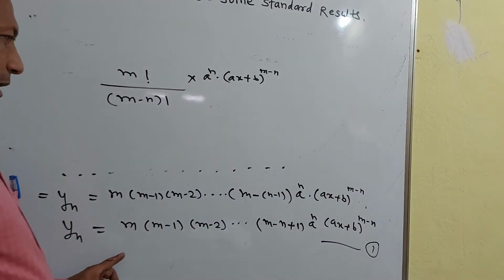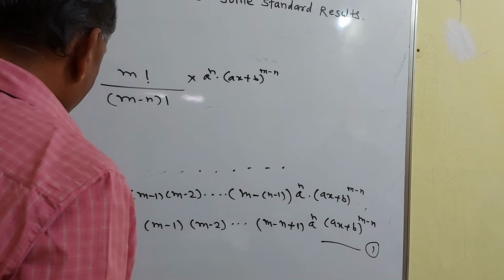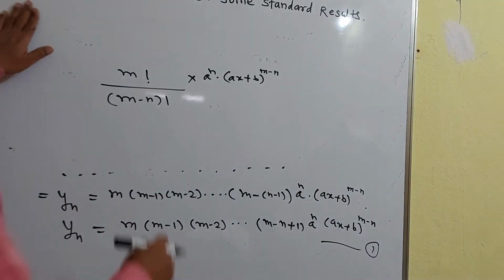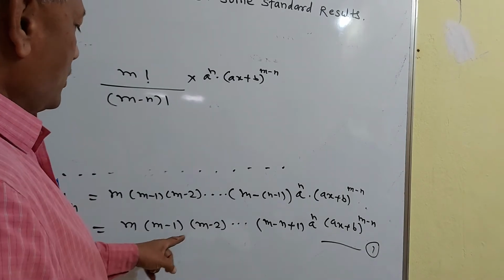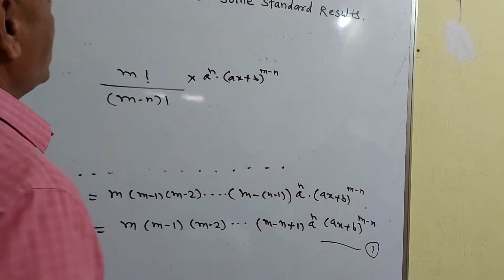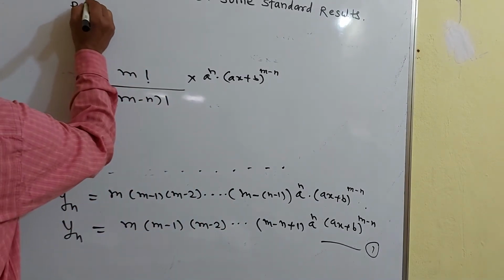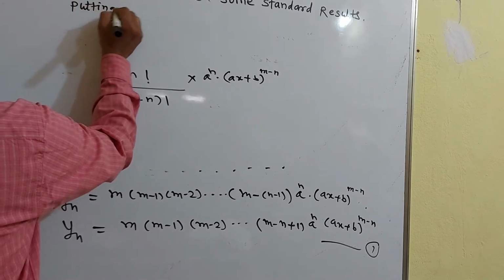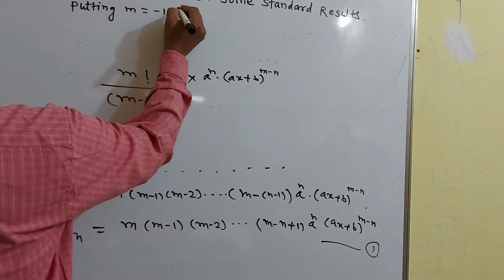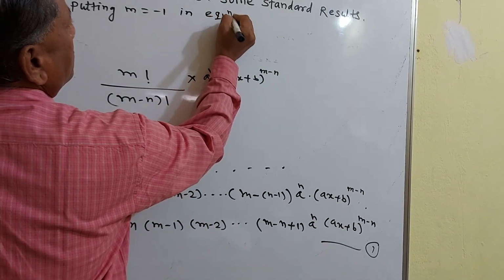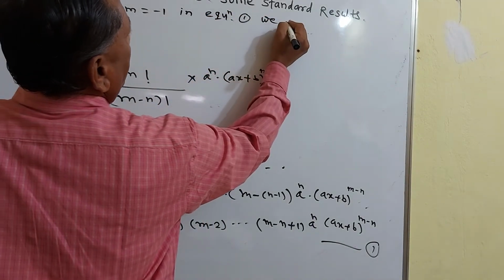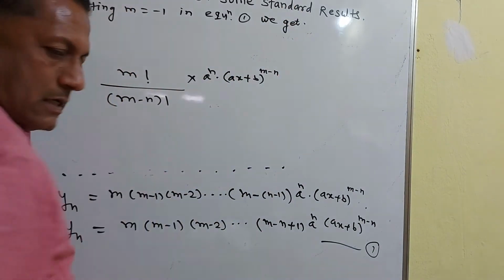Now, what is yn? Yn is the nth derivative of (ax plus b) raised to m. If you put m is equal to minus 1 in equation 1, putting m is equal to minus 1 in equation 1, we get, so what we get?